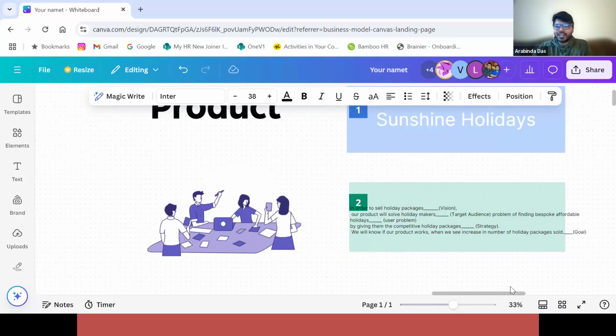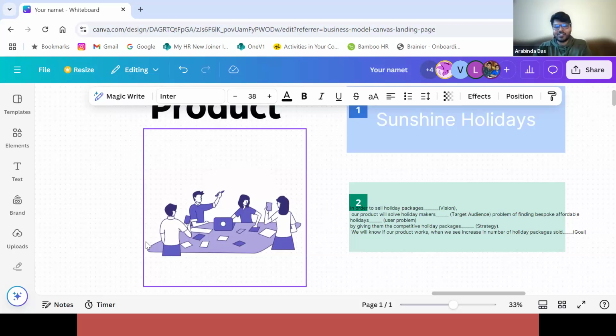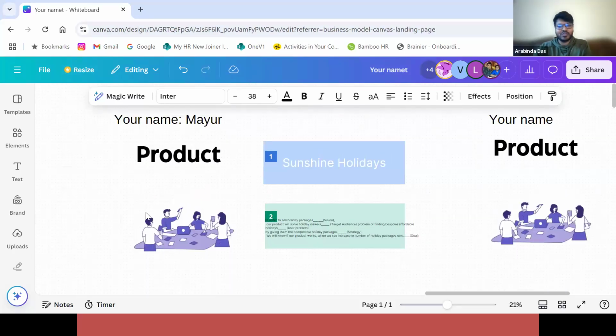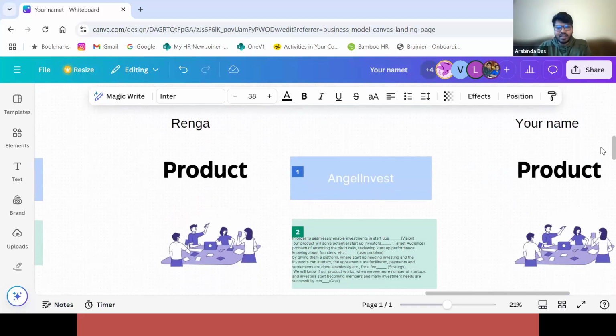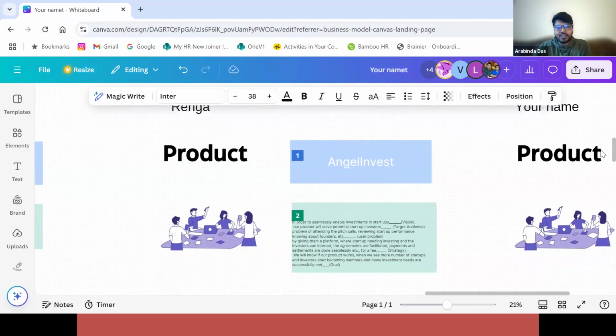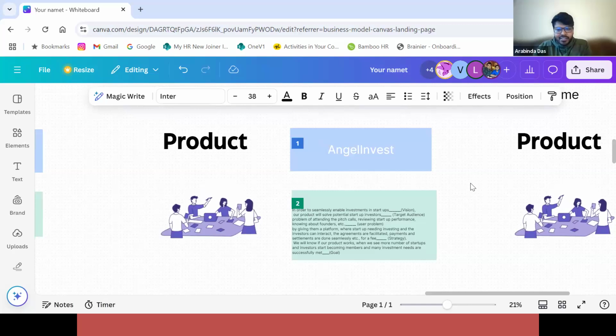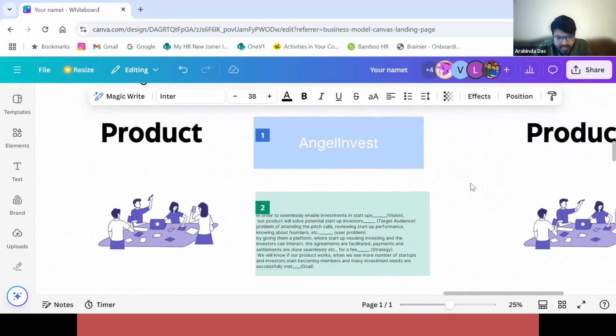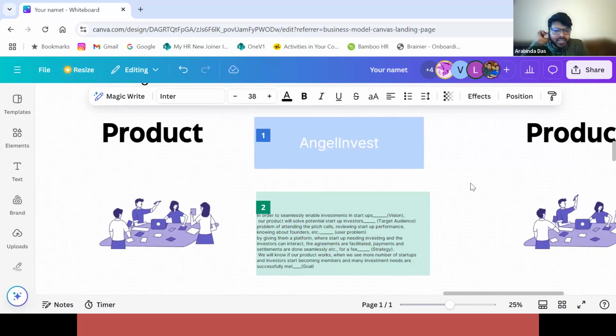Okay, we have Sunshine Holidays, but we don't have any sort of definition there, so we won't go there. Let's see if we have anything further down. Okay, we have Ringa, Angel Invest. In order to seamlessly enable investments in startups, our product will solve potential startup investors' problem of attending pitch calls, reviewing startup performance, knowing about founders.